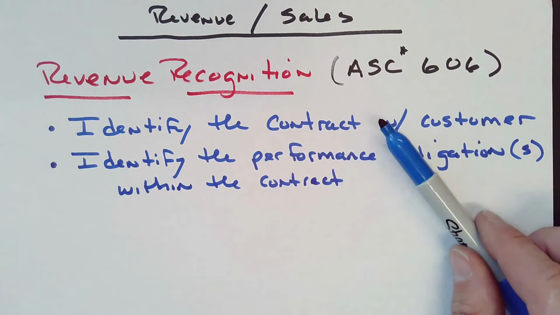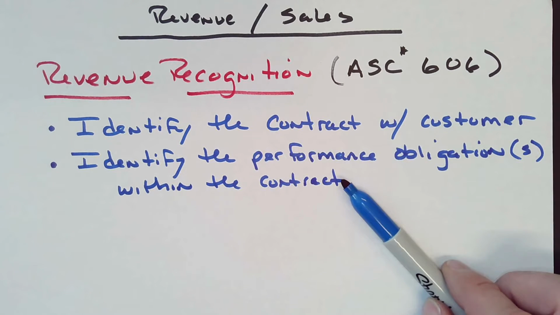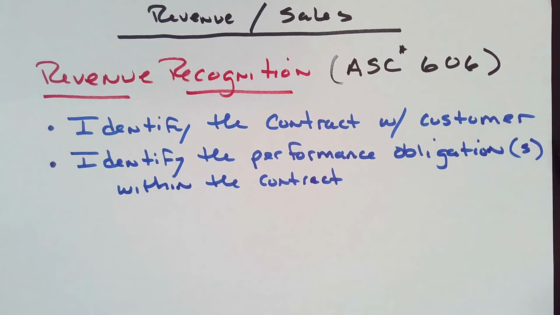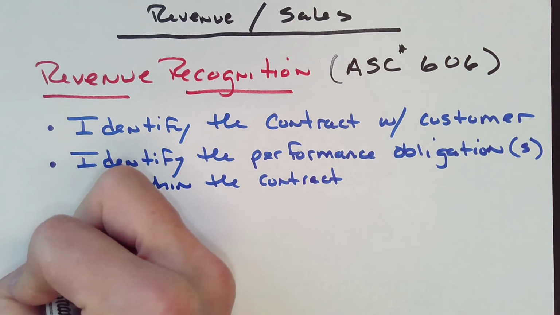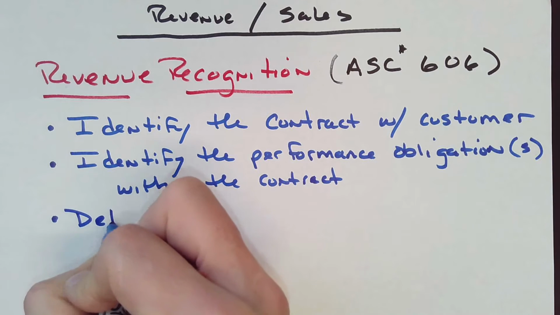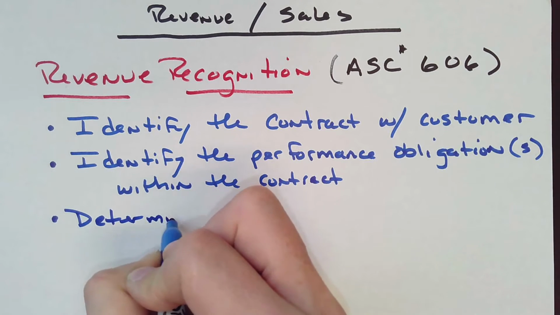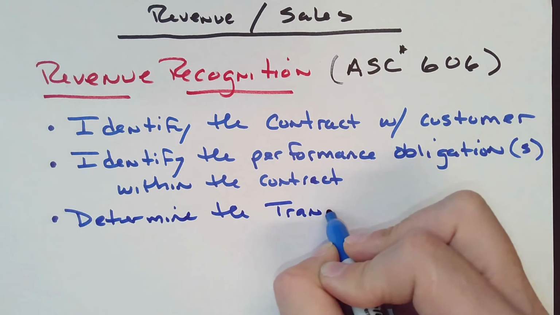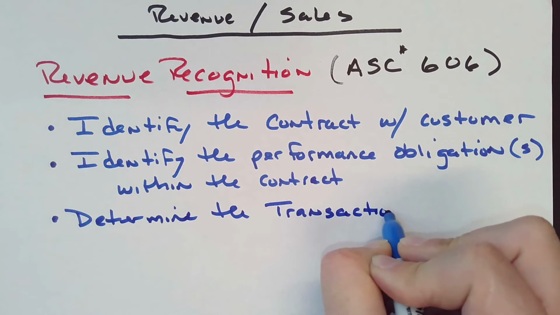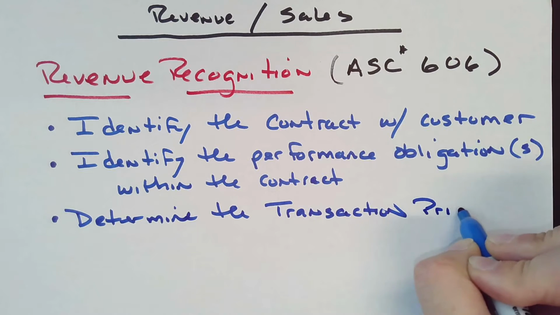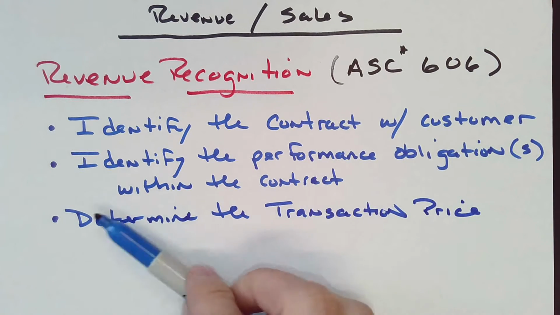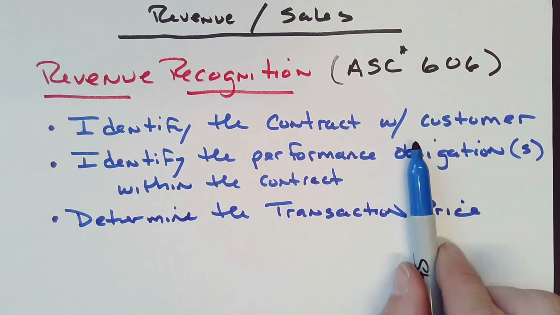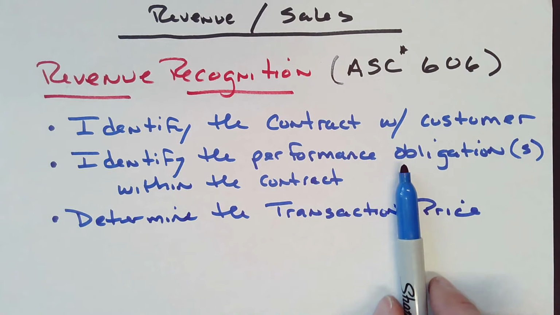Now that you've identified the contract, you identify the performance obligations. Well, what's the overall price? So we have to determine the transaction price. So when I do a click on Amazon, I click it, right? We already know what the contract price is. We already know what the performance obligation is.